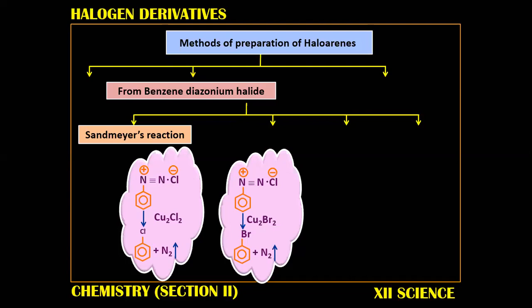Sandmeyer reaction is used to prepare chlorobenzene and bromobenzene. In this method, benzene diazonium chloride reacts with cuprous chloride to give chlorobenzene, and with cuprous bromide gives you bromobenzene.